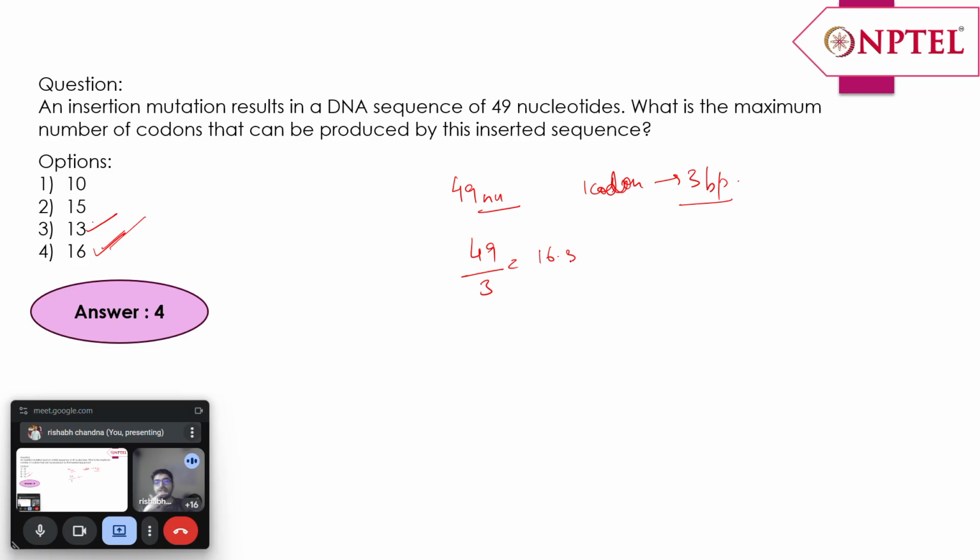16.33. Yes. So that means full 16 codons will be available to this particular DNA, and the last one would add up as an extra base pair. So the answer would be 16.